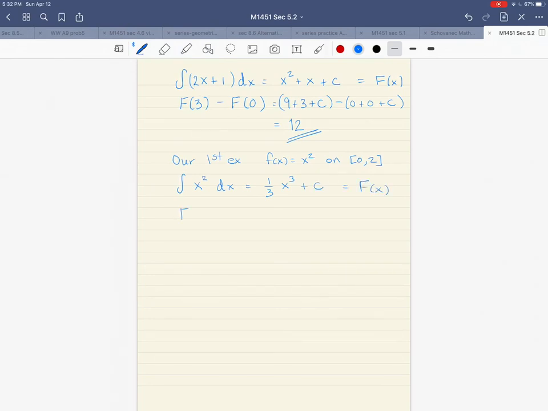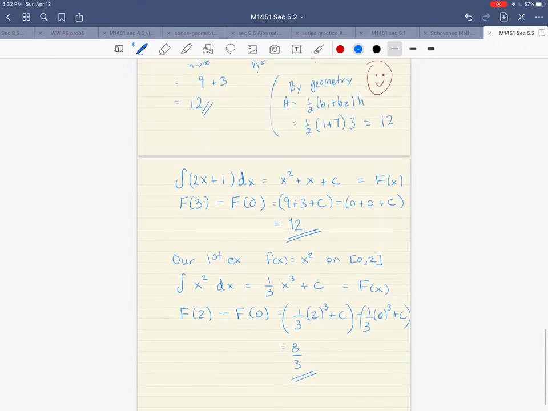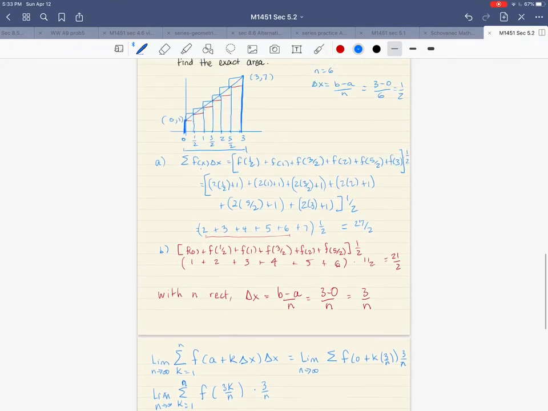Let's call that capital F. And then we want to find F at the right endpoint minus F at the left endpoint. So you have 1/3 times 2 cubed plus c minus 1/3 times 0 cubed plus c. So that's 8/3 plus c minus c. So we should get 8/3.